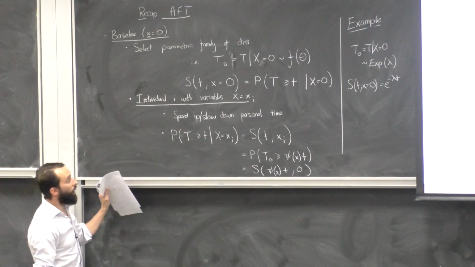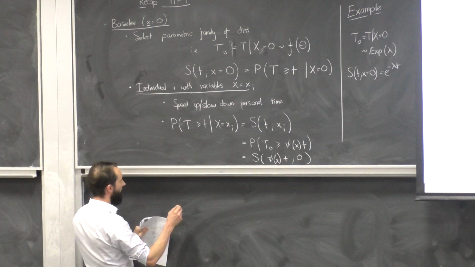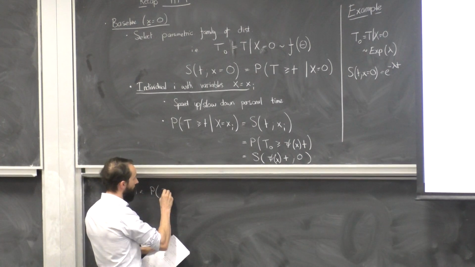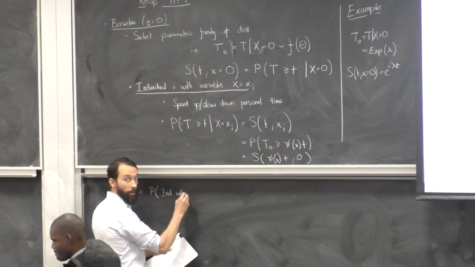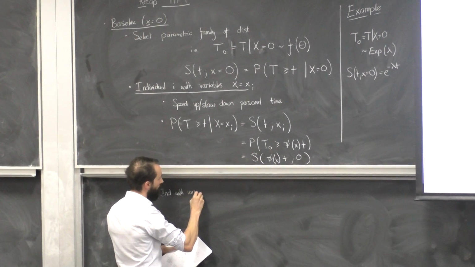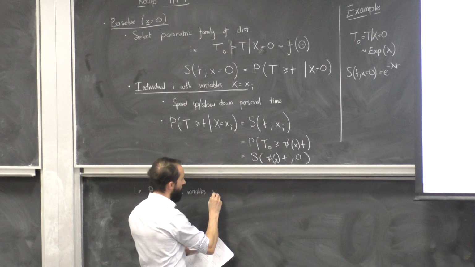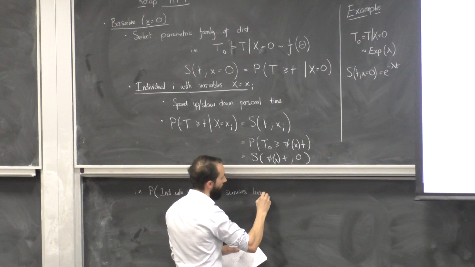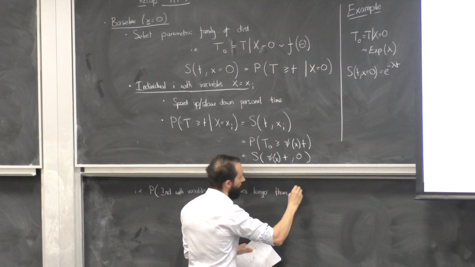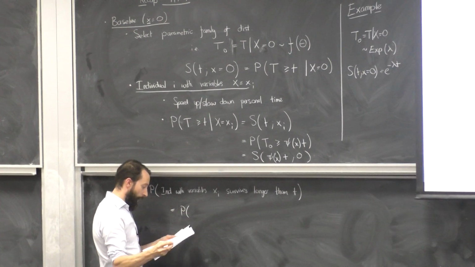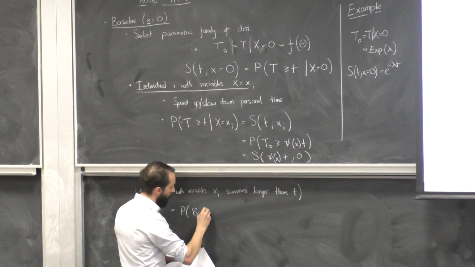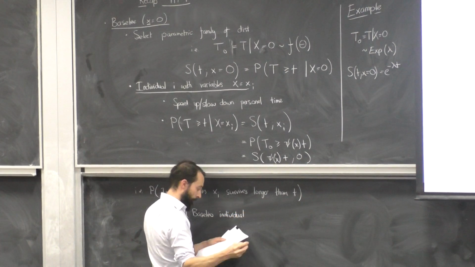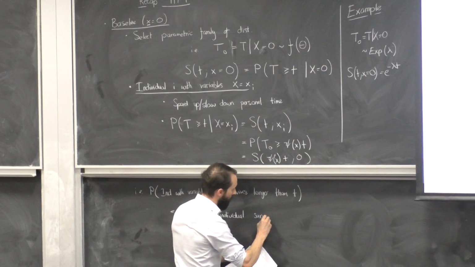Okay, so intuitively all I've done is I've basically said the probability that an individual with variables x survives longer than time t is equal to the probability that my baseline individual survives longer than time psi times t.